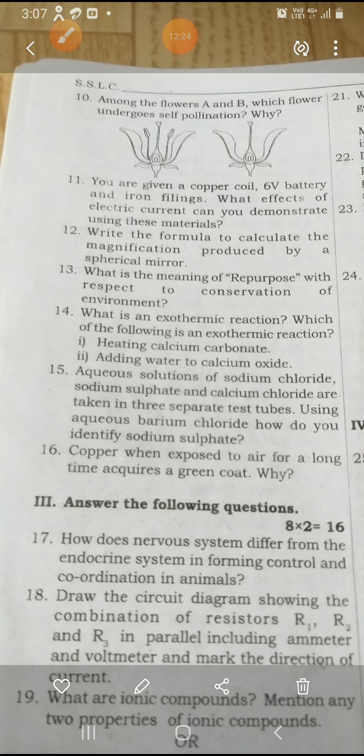The answer for this is: copper reacts with the carbon dioxide in the air and forms green colored copper carbonate.